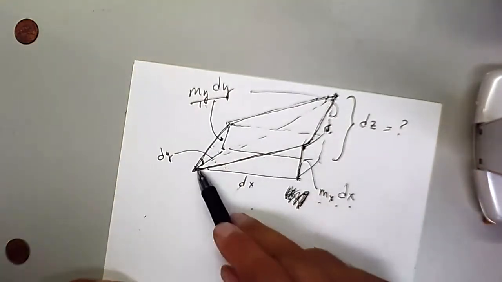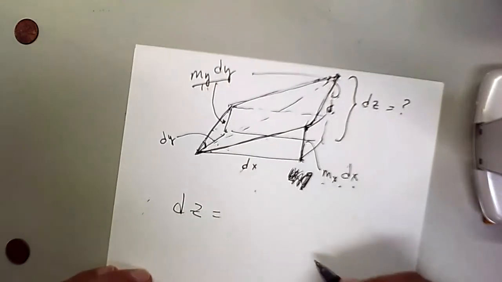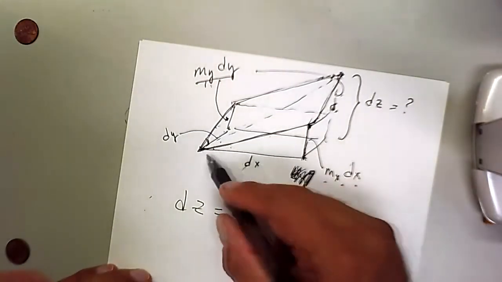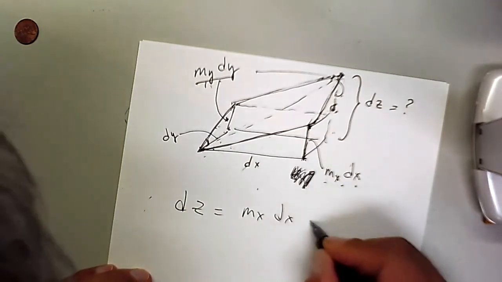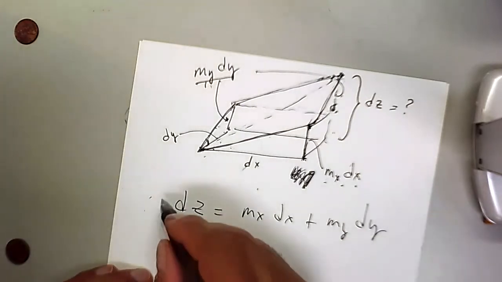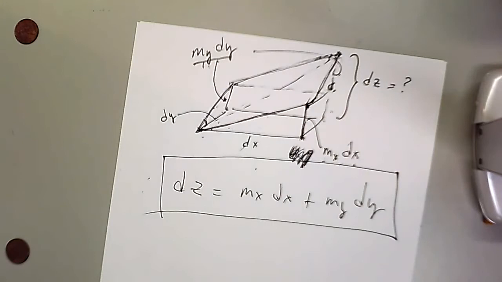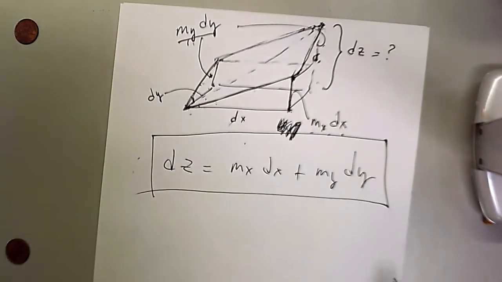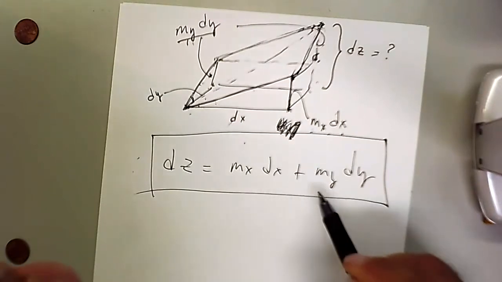Either way you do it, I hope it is clear that dz, which is the distance from the bottom to the top, is m sub x dx plus m sub y dy. And that is the formula for the differential on z when you have x and y as independent variables.